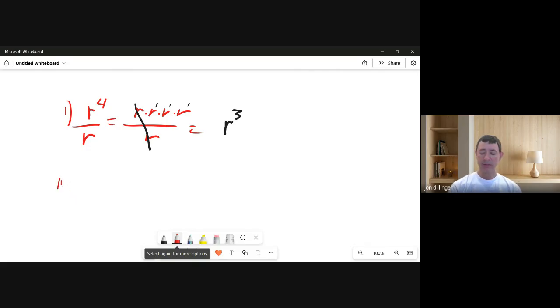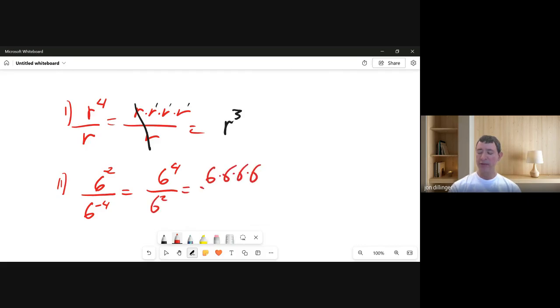Now let's do number 11 here. That is 6 to the negative second over 6 to the negative fourth. All right, so what you do now is just flip them over. So that's equivalent to 6 to the fourth up here, and then 6 squared down here, which is equivalent to 6 times 6 times 6 times 6 over 6 times 6.